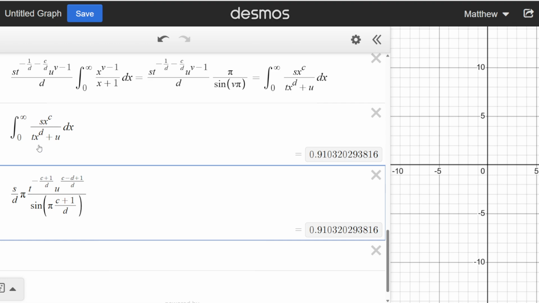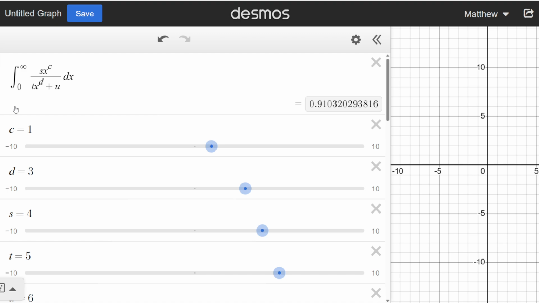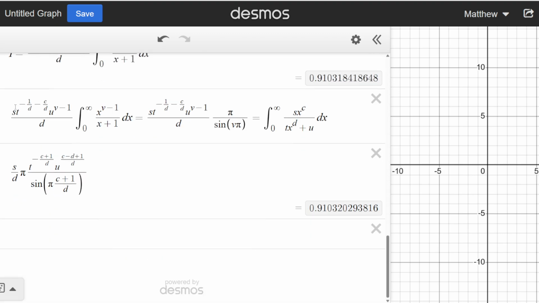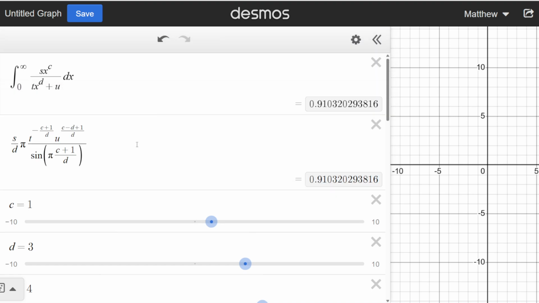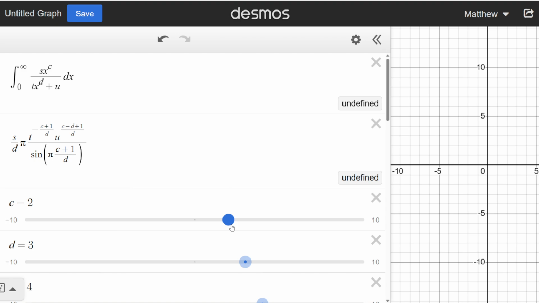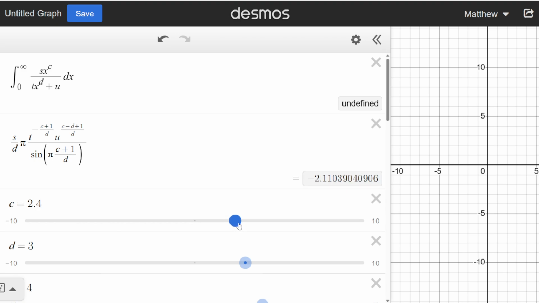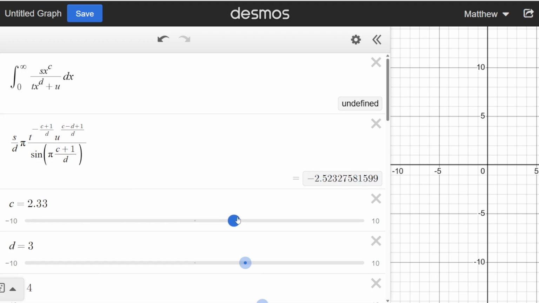All right, now let's just check. I'm going to bring these all the way up to the top, and then I'm going to modify our arbitrary constants here. Let's try changing the value of C. And of course, once C gets over 2, it looks like it becomes undefined. Why would that be?